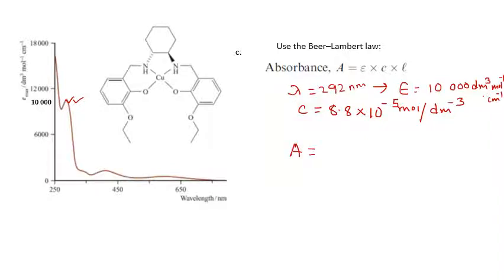You put the value of epsilon, 10,000 decimeter cube mole inverse centimeter inverse. You put the concentration value, 8.8 into 10 to the power minus 5 mole.